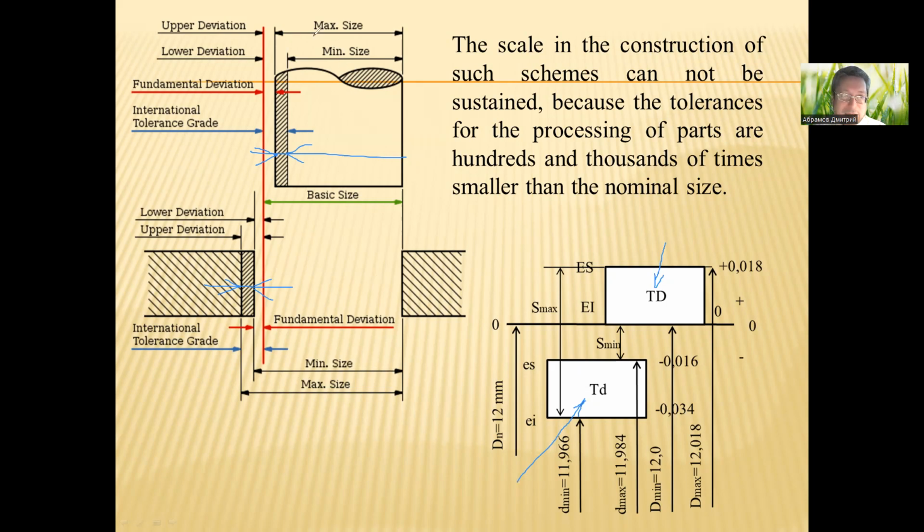We have the maximum size of the shaft and minimum size of the shaft in the tolerance grade interval. Fundamental deviations, lower deviations, and upper deviations, for the shaft and for the hole. Lower deviation, upper deviation, minimum size of the hole, and maximum size of the hole.